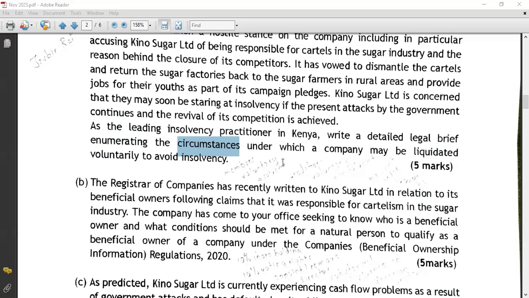Because you can be asked types of voluntary liquidation. You can talk about members voluntary liquidation, then creditors voluntary. In fact, Division 3 is members voluntary liquidation, and Division 4 is creditors voluntary liquidation.